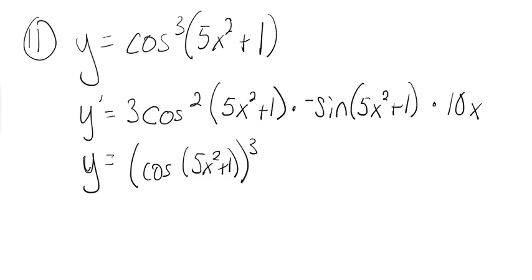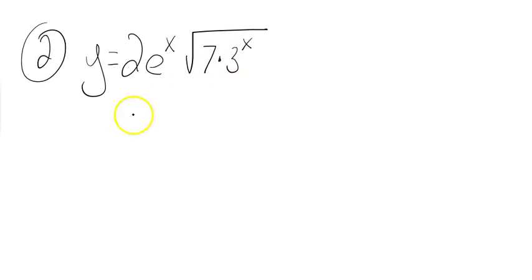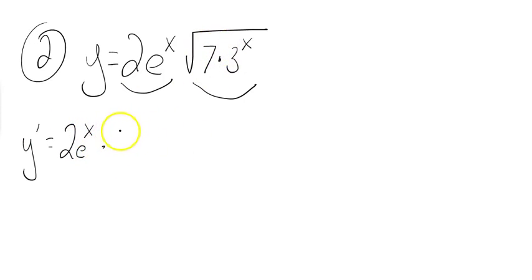Okay, so for another example, what's going on here? What do we need to do? Product rule. You have x's in this part and x's in this part, so let's see if we can do it correctly. So with our product rule, you do the first, so I have 2e to the x times the derivative of the second, which will be what?